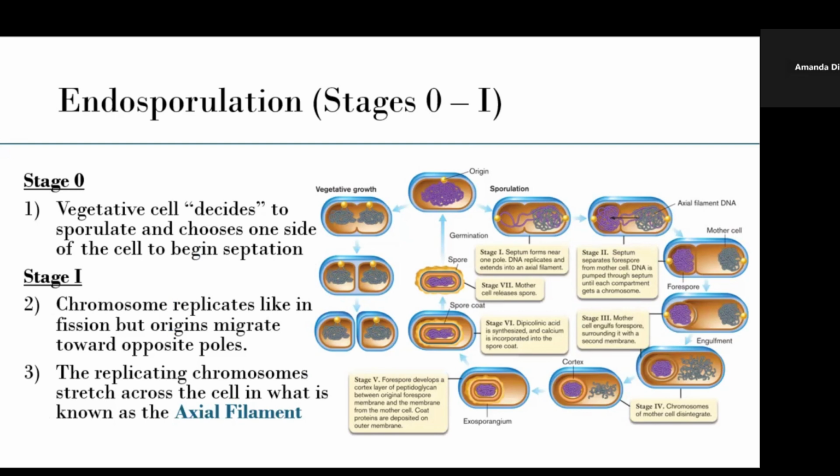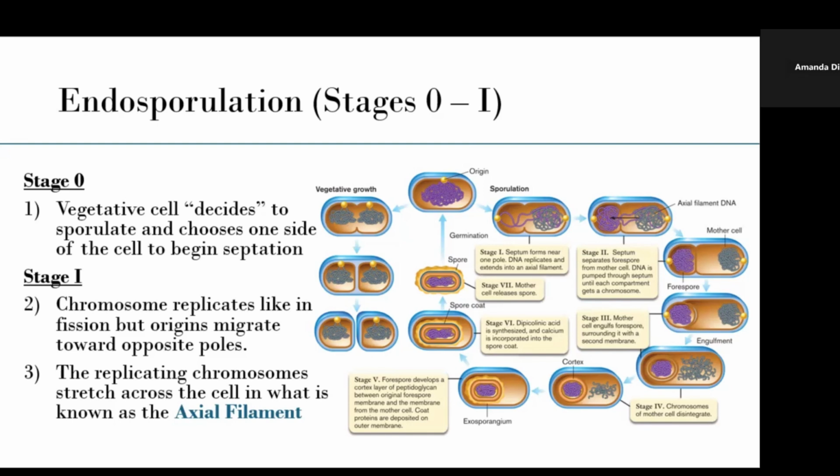In stage 1, the chromosome is going to replicate like normal binary fission, except for one thing. Normally, when we copy our chromosome, the origin just splits but stays on one side. In this case, the origins are going to migrate to completely opposite sides of the cell.